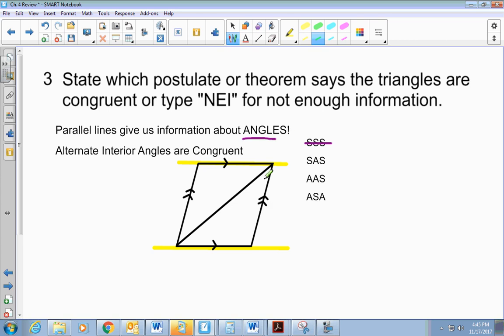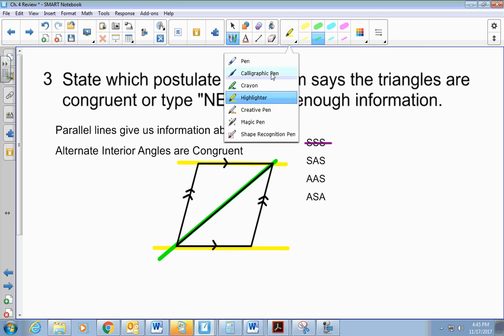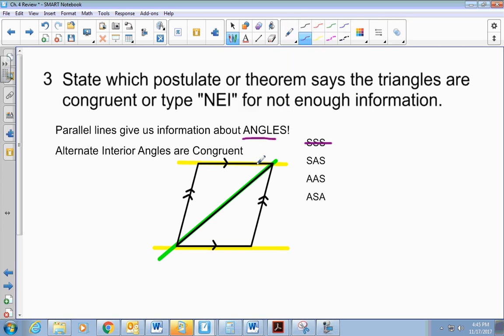I have my transversal that crosses down here. And so we know alternate interior angles are congruent. So I can say that's this angle right here and this angle right here. Yay! We can also say that this angle here is also an alternate interior angle to this angle here. So that gives me two angles, but I'm kind of missing now the side.